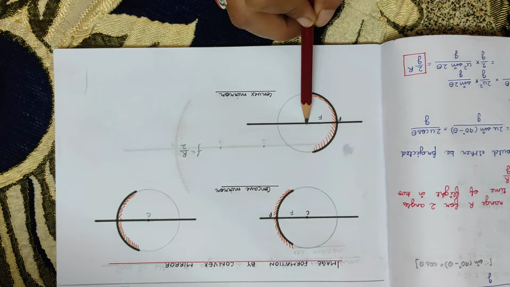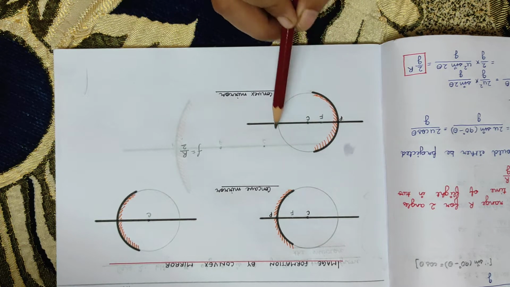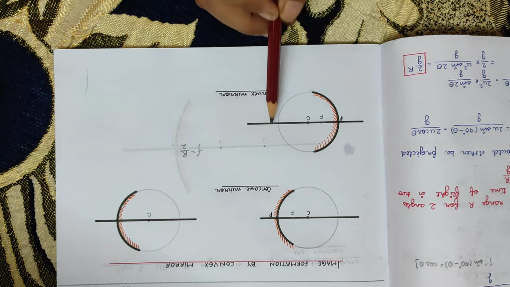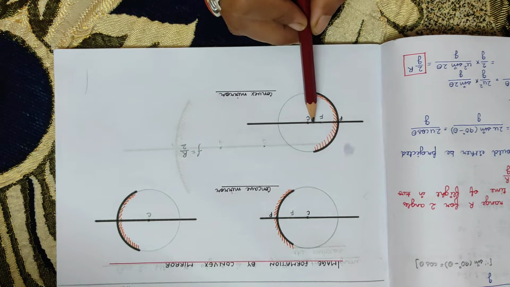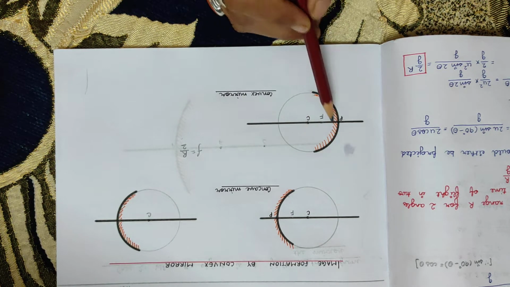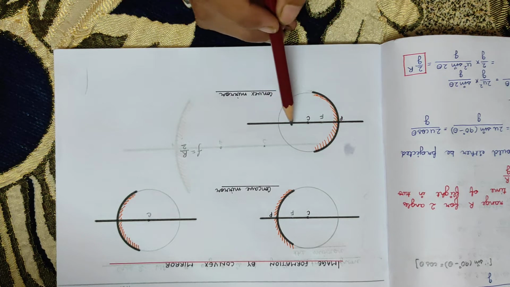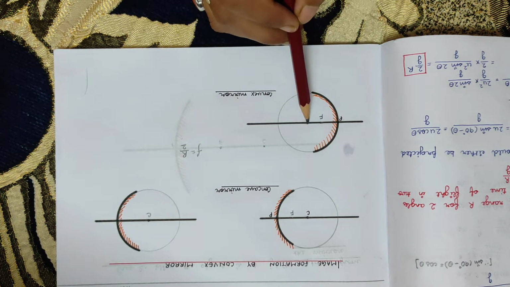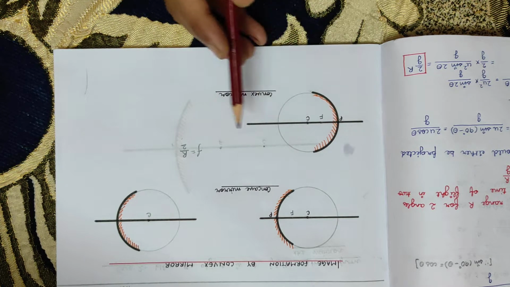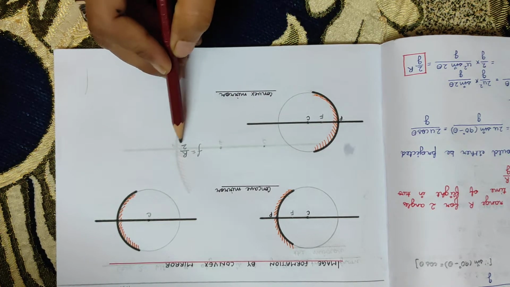And what is the center of curvature? This is nothing but the center of this hollow sphere. So in case of convex mirror, where will its center of curvature and focus lie? In front of this non-reflecting surface, because we are talking about the center of this hollow sphere. And focus is always equal to R upon 2.